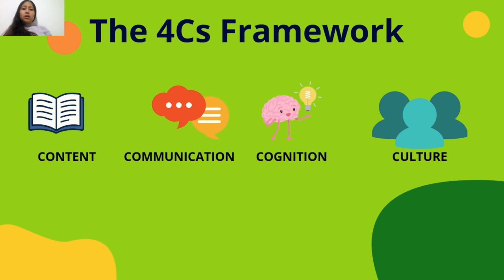The third is cognition, which develops higher-order thinking skills such as analyzing, comparing, predicting, and solving problems. Finally, the fourth is culture, which encourages students to appreciate their own culture while understanding other cultures.